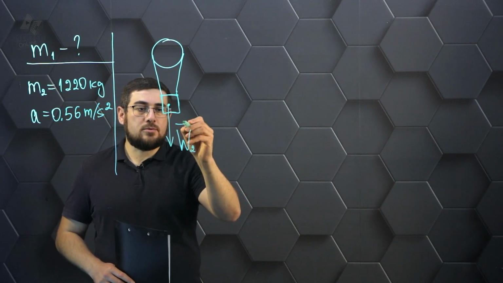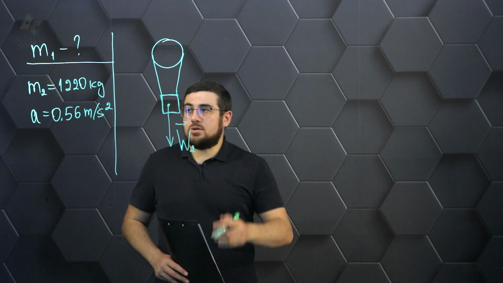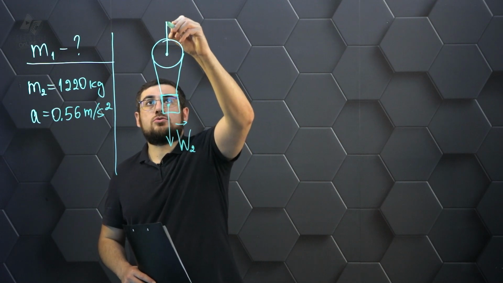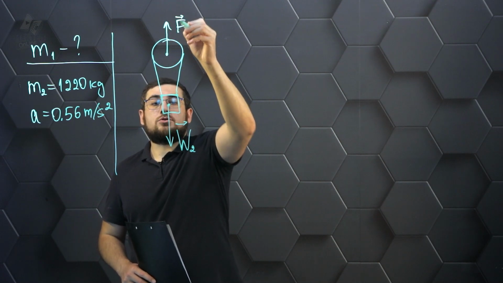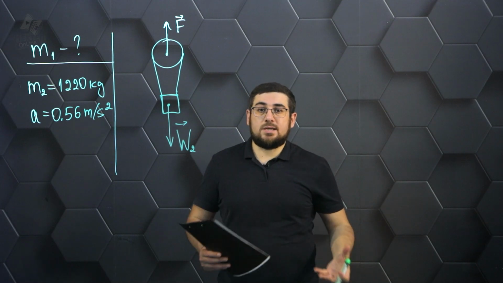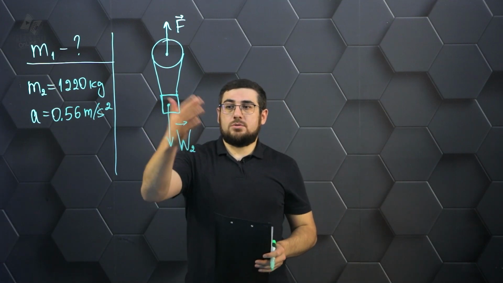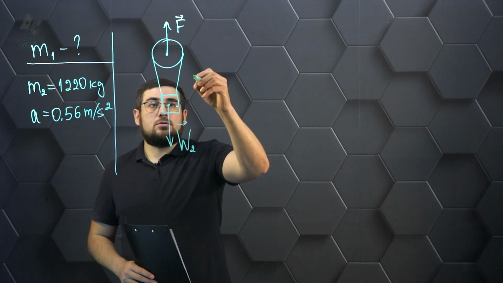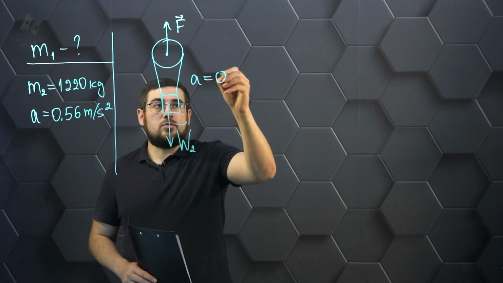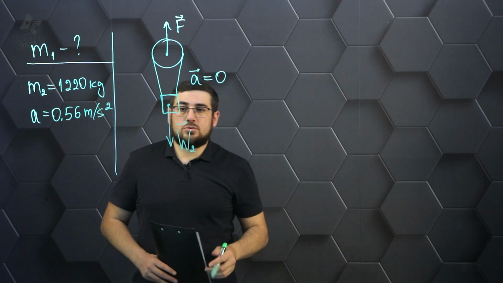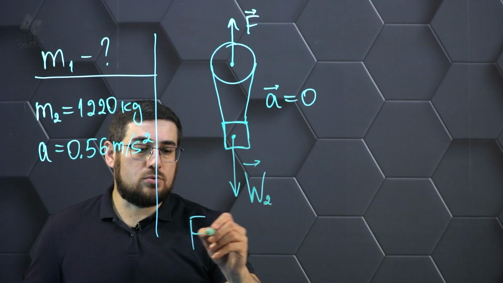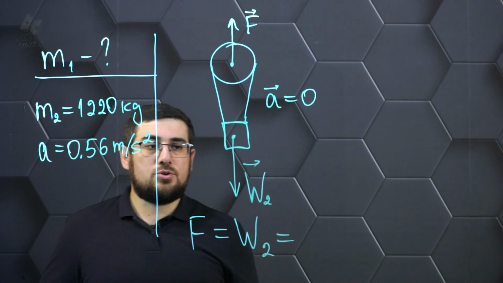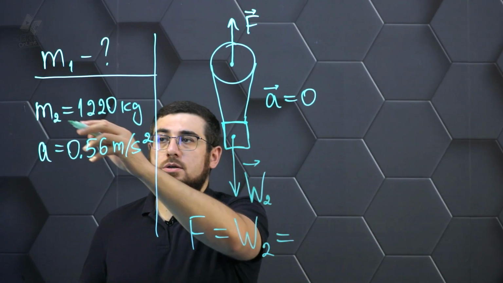And here on the balloon itself, let's put another force, which will indicate that this balloon is trying to fly upwards, but gravity is preventing it from doing so. Given that there is no acceleration here, we can say that these two forces are equal to each other. If we decompose the total weight of the basket and the people through their masses, we get m2g.